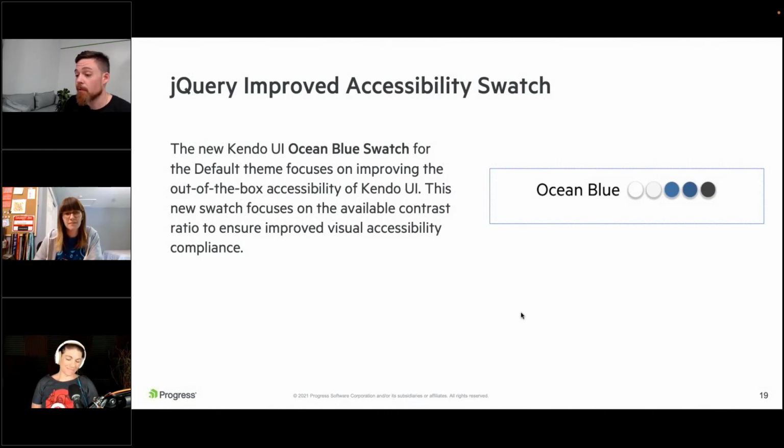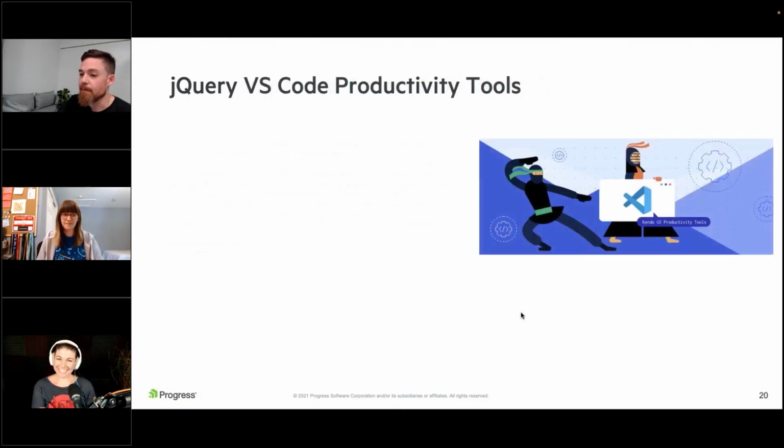So if you want to switch and tweak this and add the swatch into your application, it's very easy to do. We have instructions on how to do so, and it's essentially just updating one single reference if you want to use Sass or CSS, and you'll be off to the races.